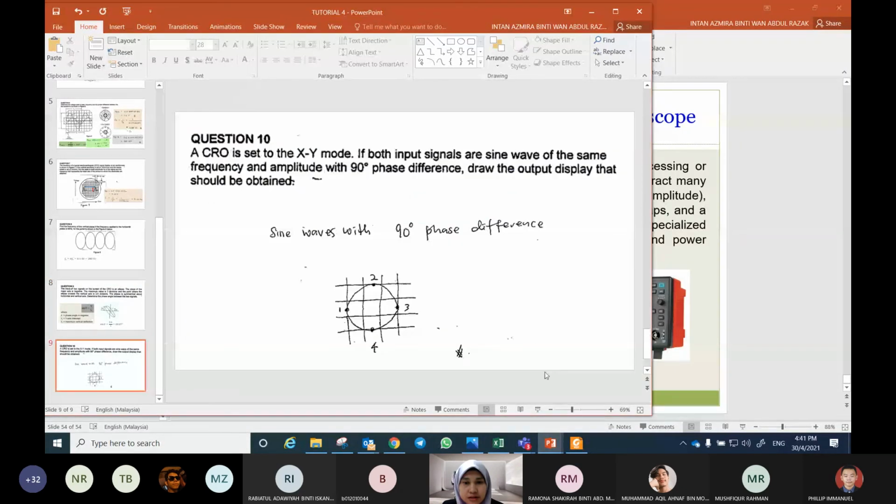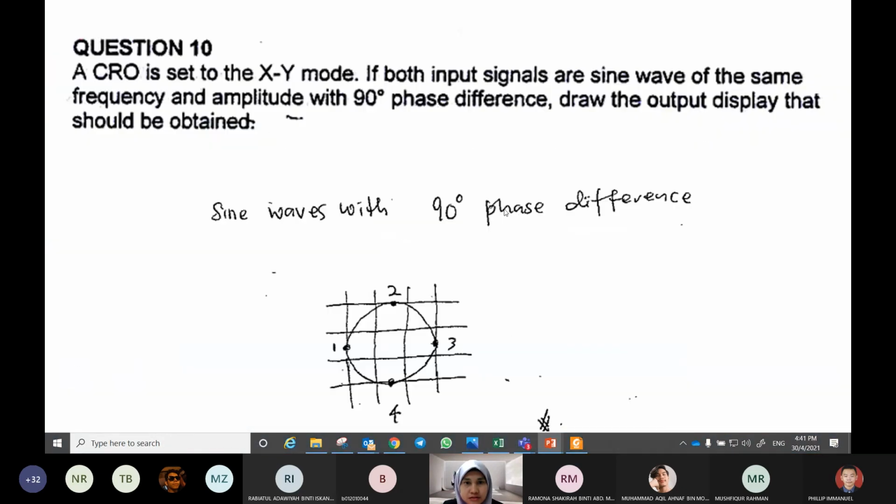Okay, this is the last. The CRO is set to XY mode. If both input signals are sine waves of the same frequency and amplitude with a 90-degree phase difference, draw the output display that should be obtained.